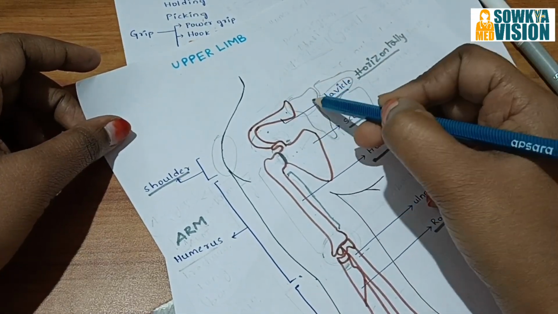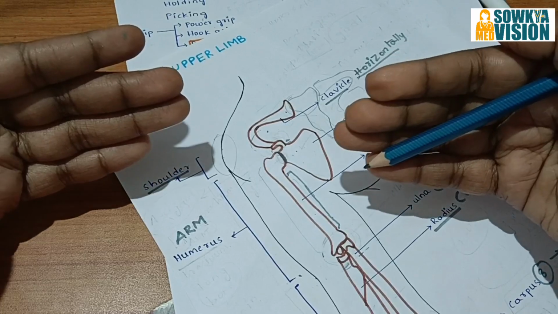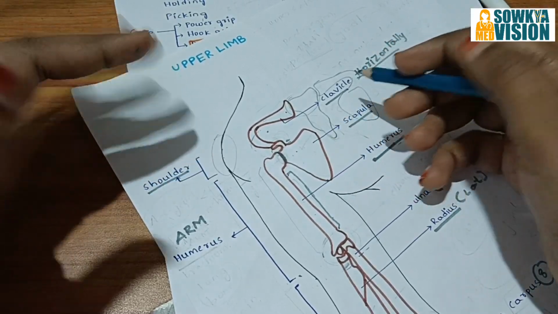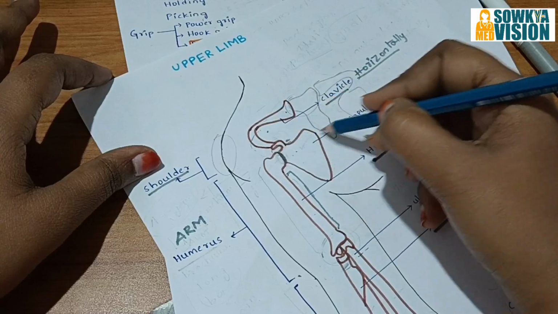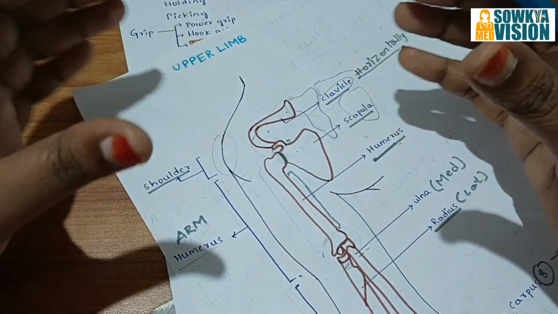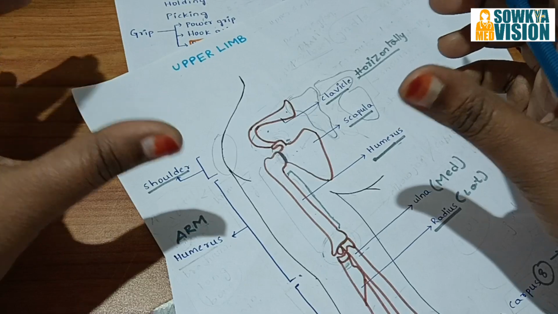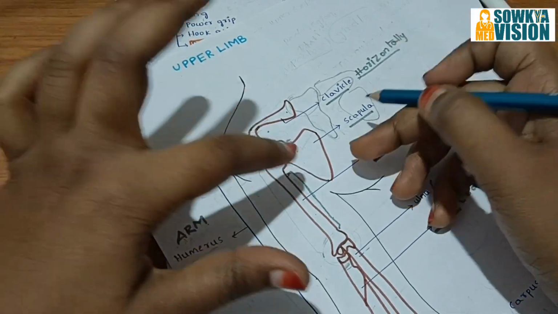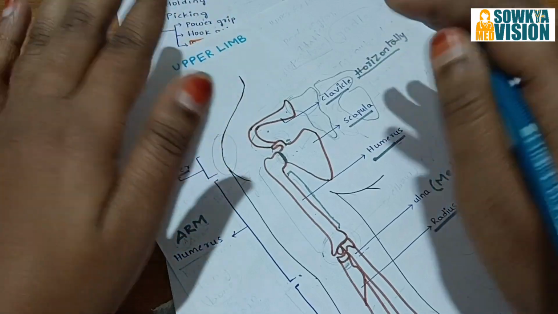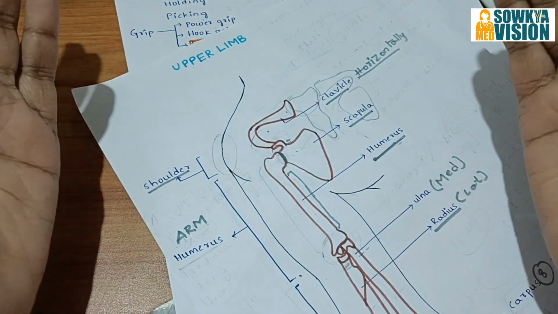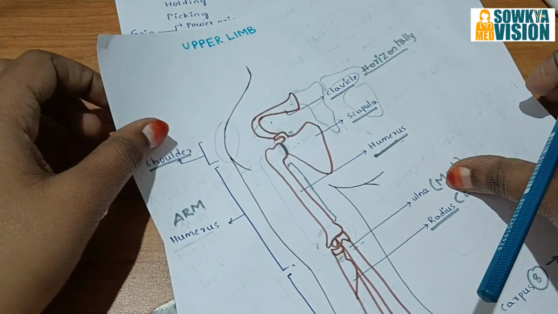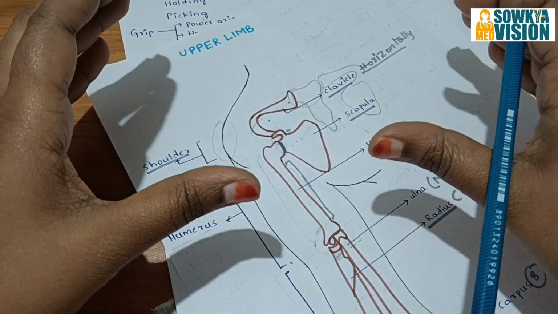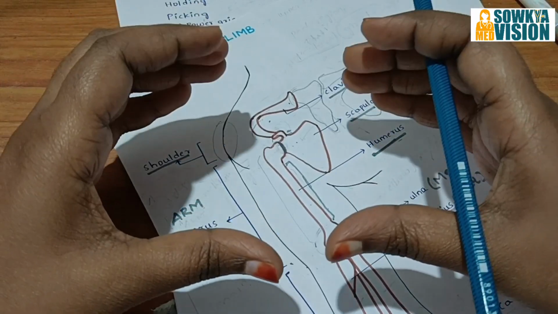So these clavicles are anteriorly connected by the manubrium sterni, but this girdle is kept open, incomplete because of what? The scapula. These two scapulae are not connected posteriorly. They are kept apart. Why? As we know, the pelvic girdle is a closed girdle.